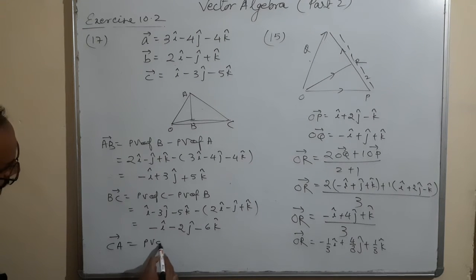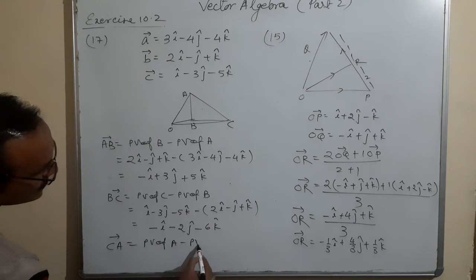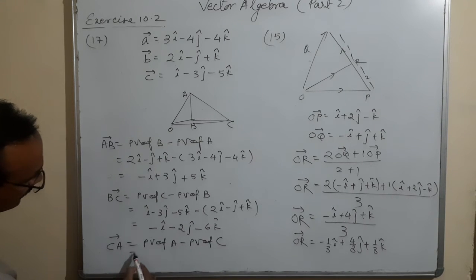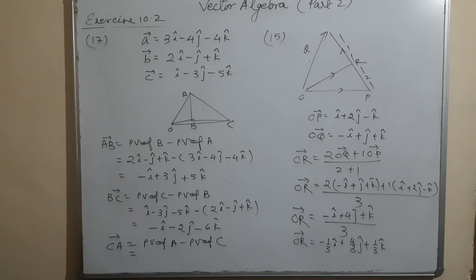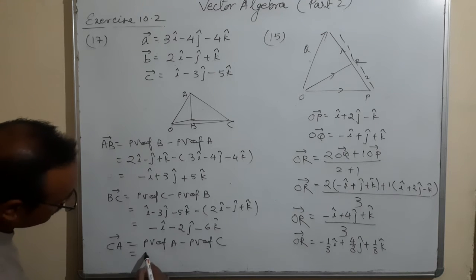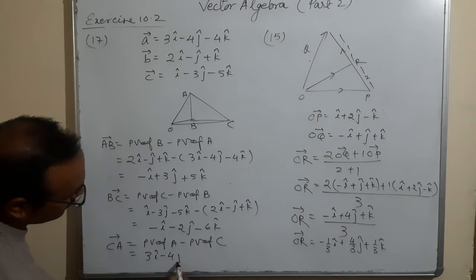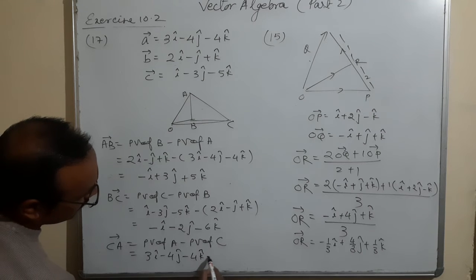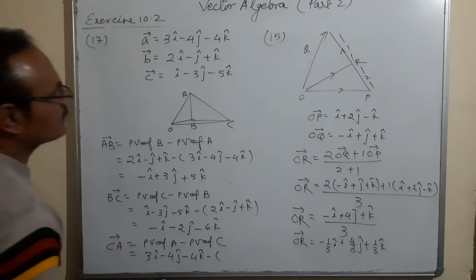So position vector of A minus position vector of C. Position vector of A, 3i minus 4j minus 4k, minus position vector of C, i minus 3j minus 5k.